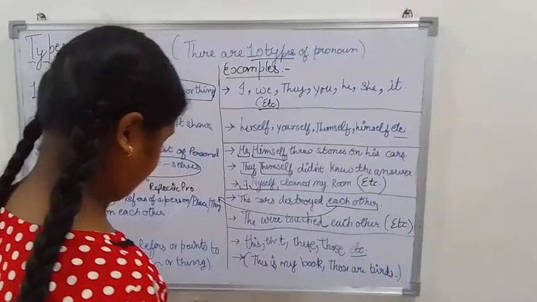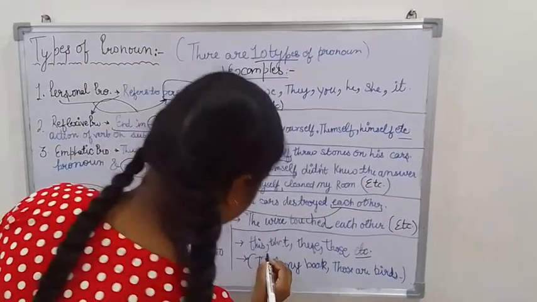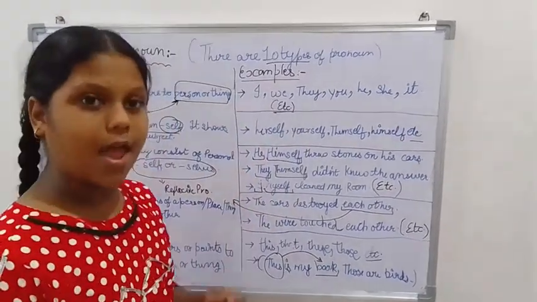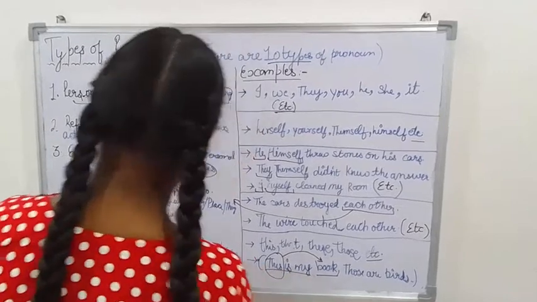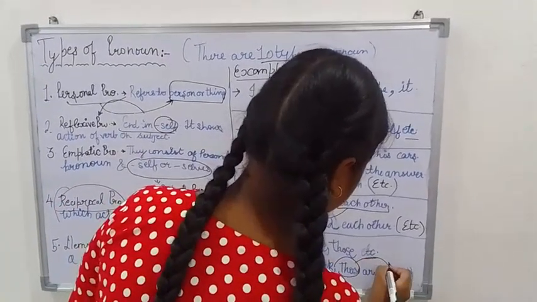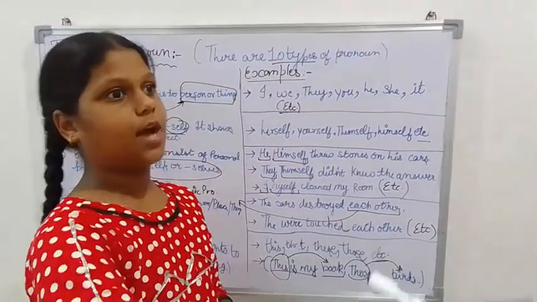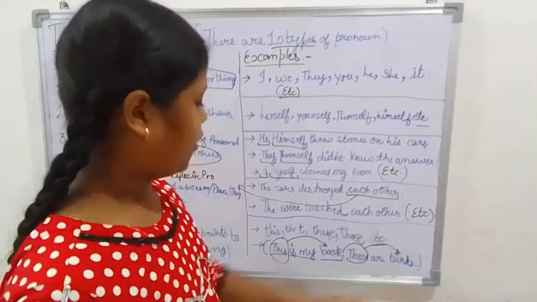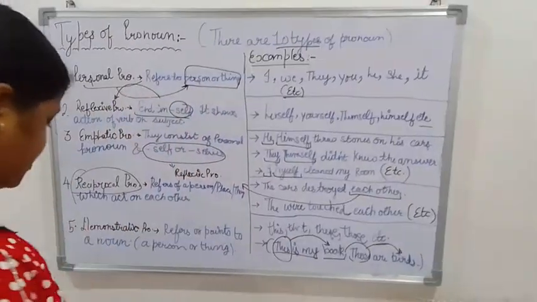This is my book. This points to book, which is a noun. So this is a demonstrative pronoun. Those are birds. So those points to birds. Birds is a noun. So those is a demonstrative pronoun.